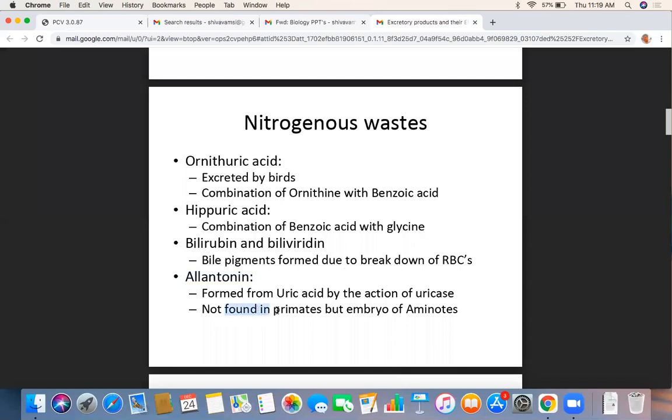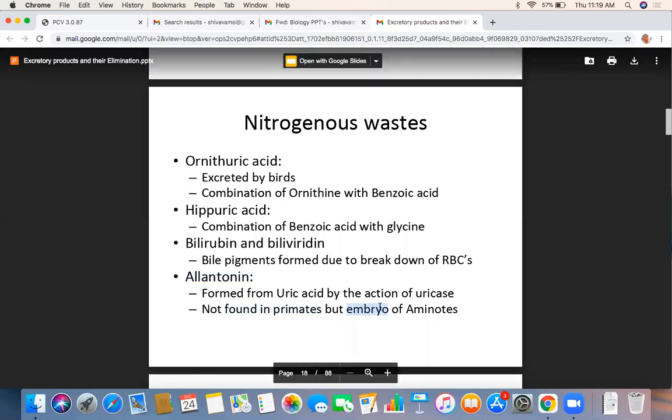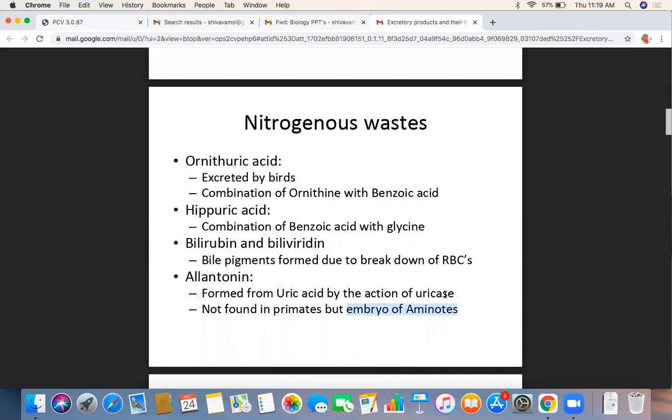It is not found in primates, but it is in the embryos of amniotes. Any amniote which is producing uric acid will have allantoin. In primates, we will not excrete uric acid, so you will not get allantoin. Are we a primate or not a primate?